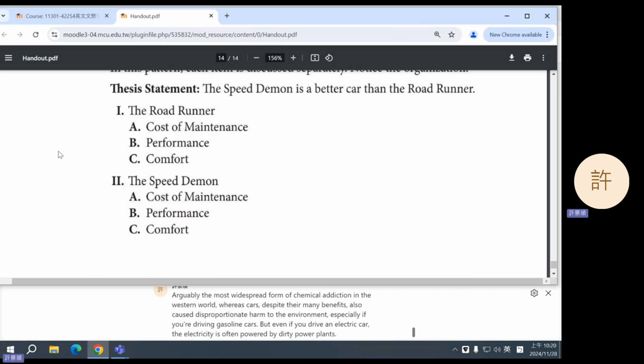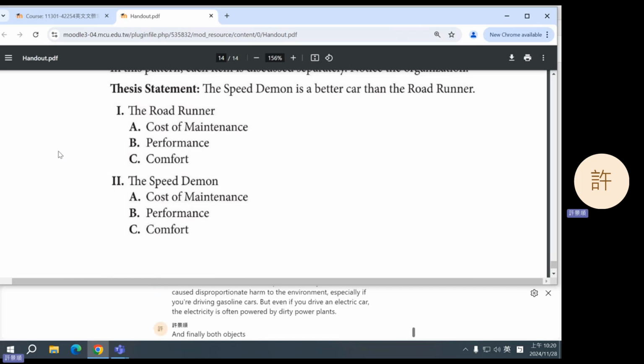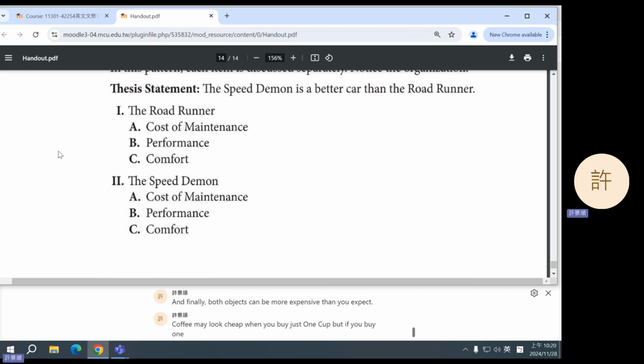And finally, both objects can be more expensive than you expect. Coffee may look cheap when you buy just one cup, but if you buy one cup every day for 300 days a year for 30 years, that money adds up.